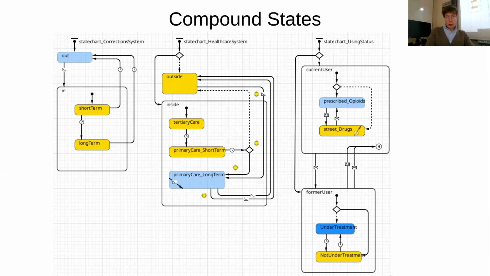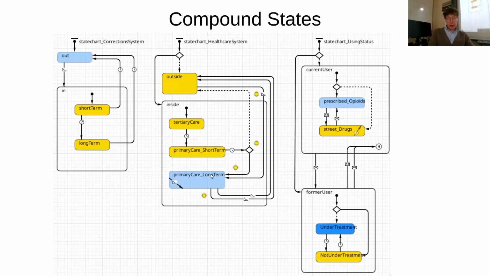Someone who is a former user of illicit substances could be under treatment or not under treatment. So we can have compound states with substates that, among those who are in this state, further distinguish states and transitions between said states under that broad condition laid out by the hierarchical state.